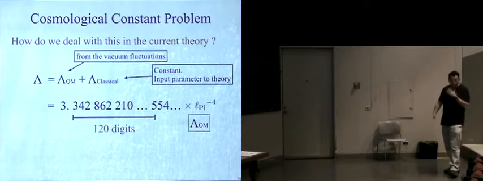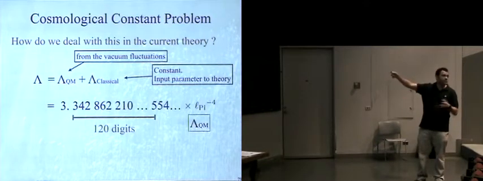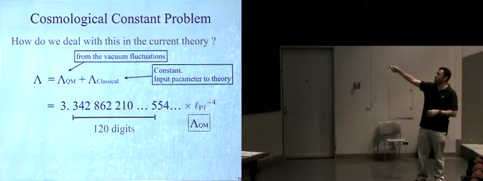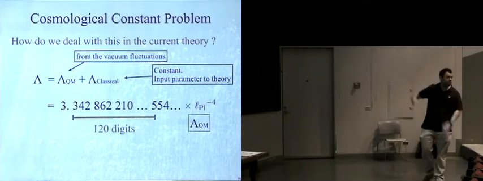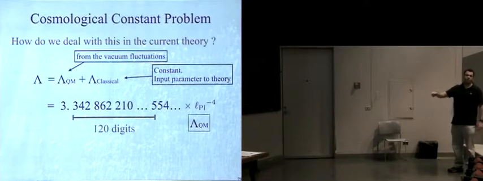So we do this calculation and calculate this number. We said it should be about 1 over the Planck length to the 4th, so this is the number shown in units of Planck length. It's like 3, for example. And let's say we were really good and we calculated this to 120 decimal places. So we say this is the quantum mechanical version.